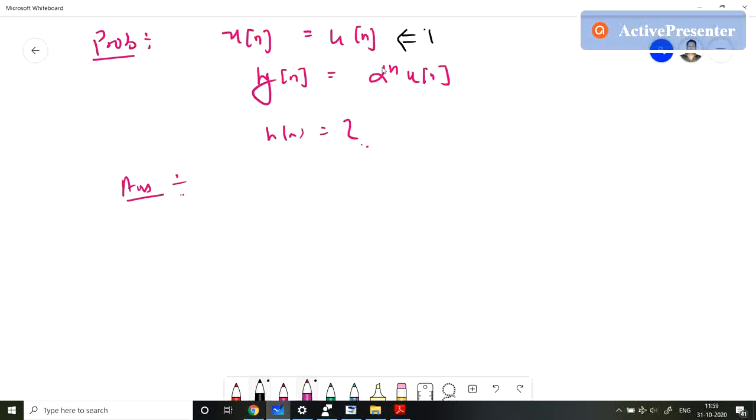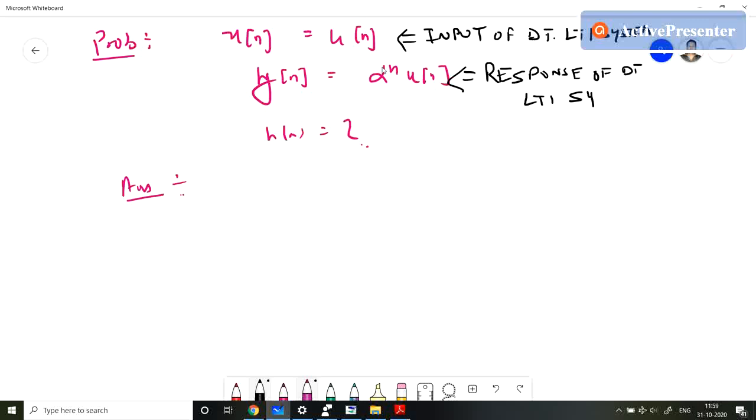This is the input of a discrete time LTI system, and this is the response of the discrete time LTI system. So input is provided, and this is the response of the LTI system.